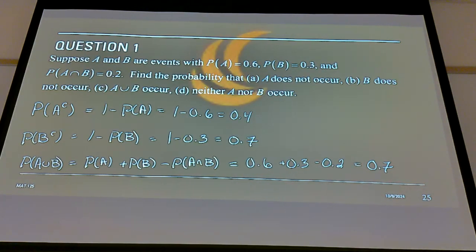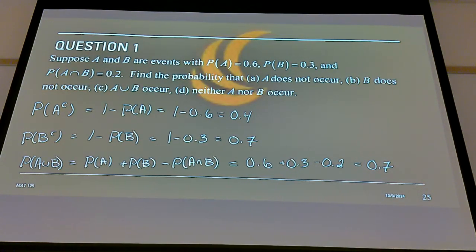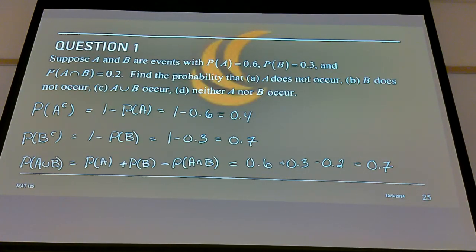How do you get 0.1? Neither A nor B, like 0.6 minus 0.3, and then minus 0.2? Is that wrong, or is it 0.3? Is that 0.6 minus 0.2? It's 0.3. Okay, so then it is 0.3, but I don't think for the reason that you were saying.